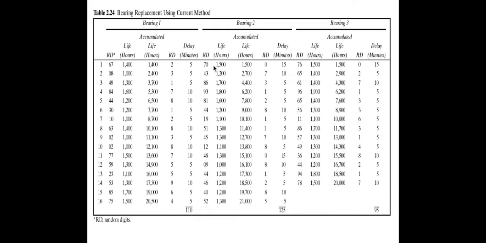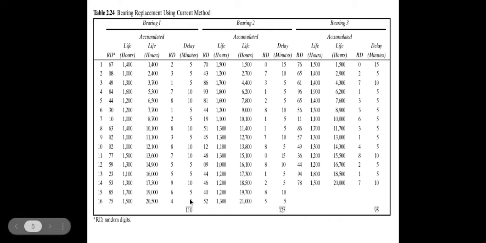So we will get these tables for all the bearings 1, 2, and 3. This is the summation of the delay time to get 20,000 hours for bearing 1, this is the delay time summation to get 20,000 hours for bearing 2, and here is the delay time column to get 20,000 hours for bearing 3.